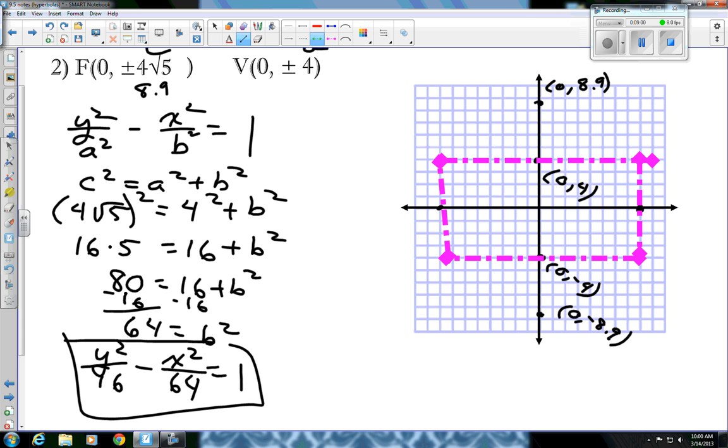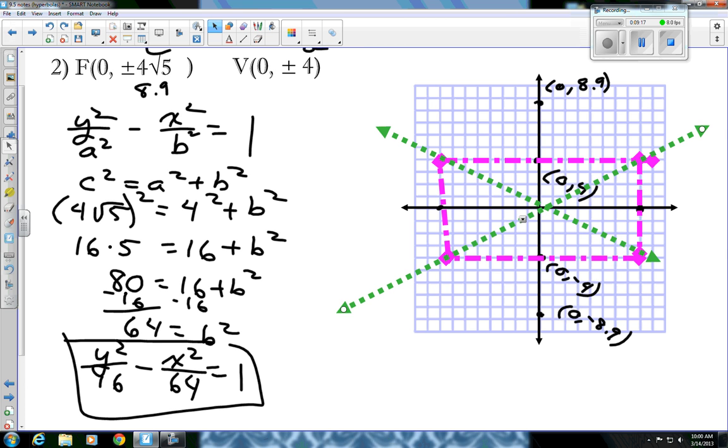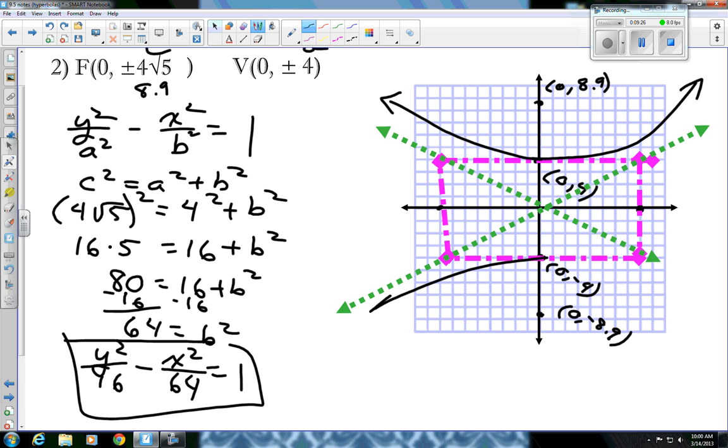Draw your asymptotes. Wait, so what was the vertex on the x-axis? 8. Because the square root of 64 is 8. Okay, so then we sketch them, and we're going up and down here. These I didn't label, that's a negative 8, 0.